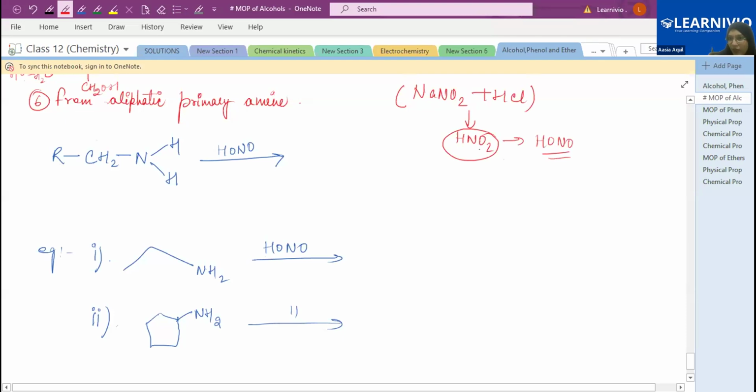This is the same thing, HNO2 or HONO. HONO is a reagent here for the aliphatic primary amine.